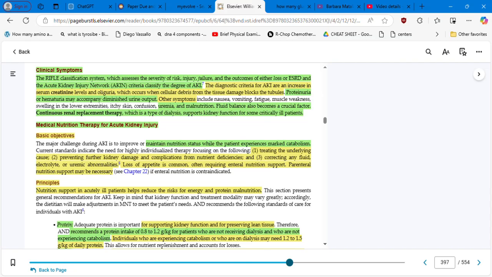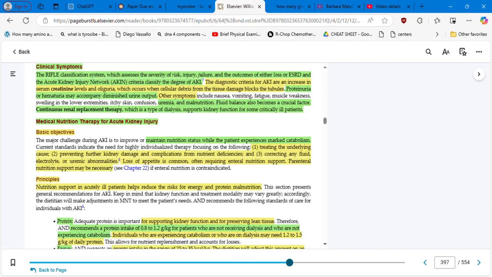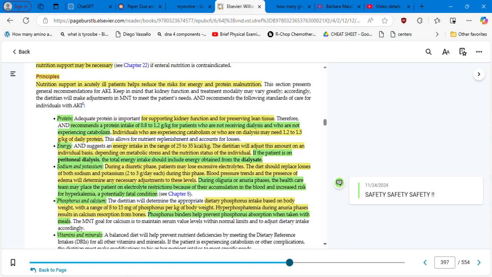And we know those types of nutrition from previous chapters. Now, the principles: nutrition support in acutely ill patients helps reduce the risk for energy and protein malnutrition.